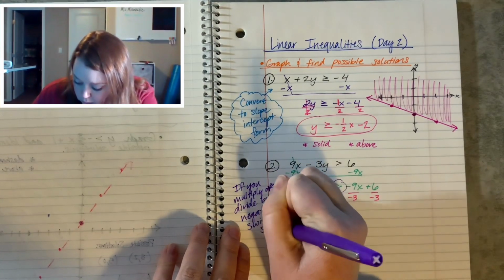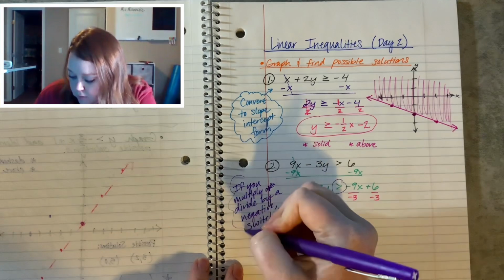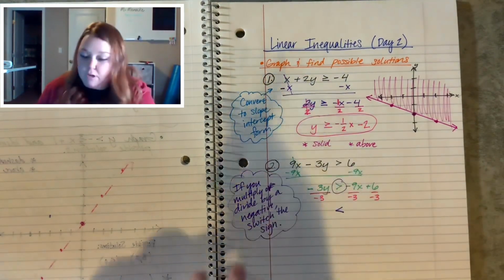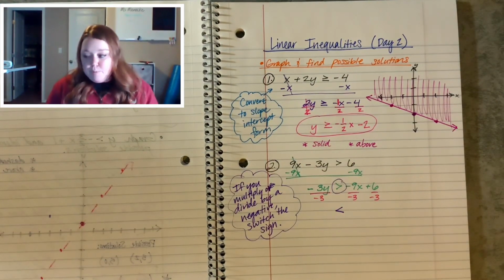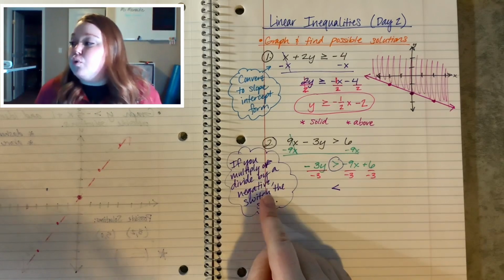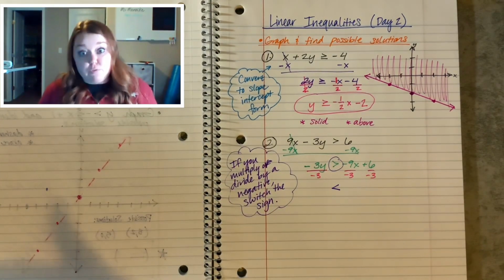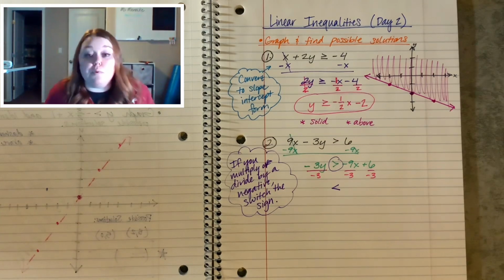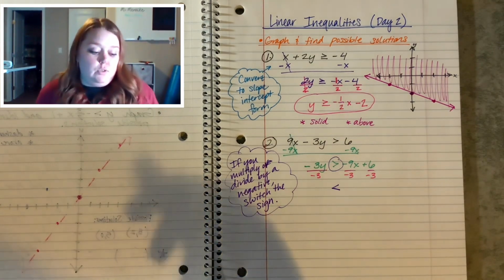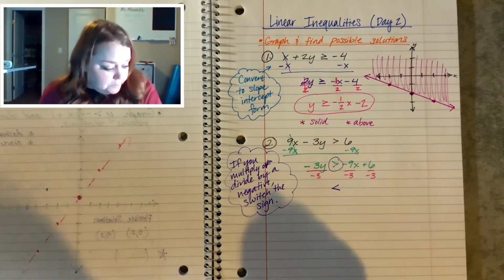Let's say switch the sign, flip the symbol, whatever makes sense to you. Okay, very important for us to remember that, because if I don't flip the sign, if I were to forget that, then the shading would be off, which means all my possible solutions would be wrong. So that's something we really, really got to remember.